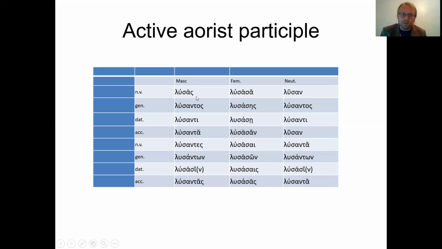Otherwise, as you can see, there is a certain resemblance in the inflection of this paradigm to the active present participle, in that the masculine and the neuter are inflected according to the third declension, while the feminine forms are inflected according to the first declension.